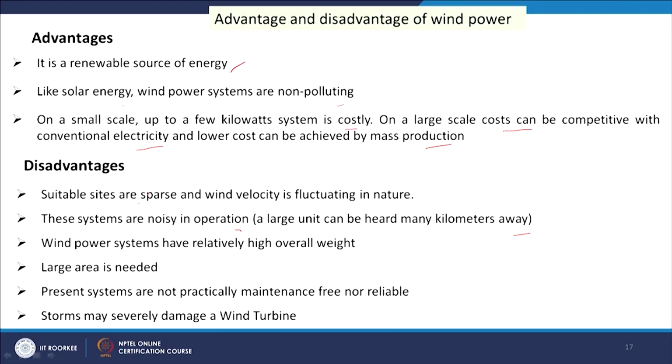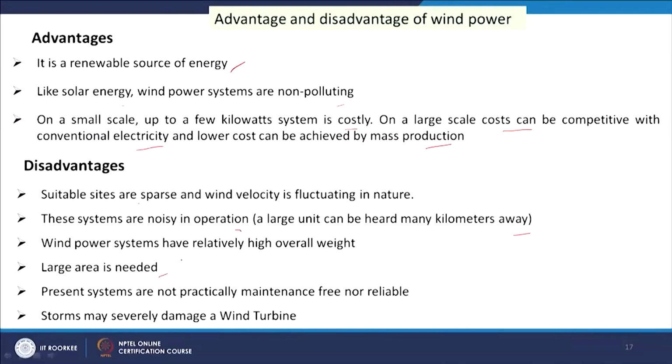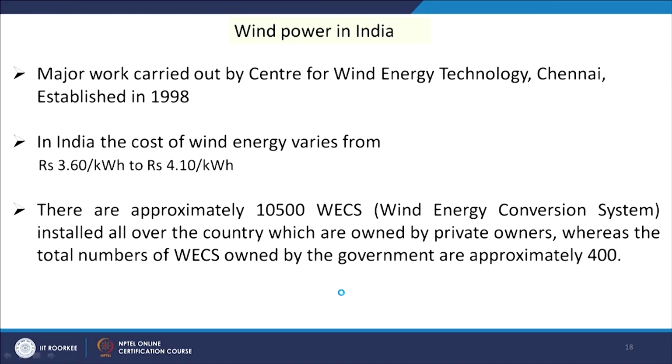So, wind speed has to be available, then only these machines can be applicable for that area. Wind power systems have relatively high overall weight, and a large area is needed. The present systems are not practically maintenance free or reliable, and storms may extremely damage the wind turbine. So, we have to take some action for this.